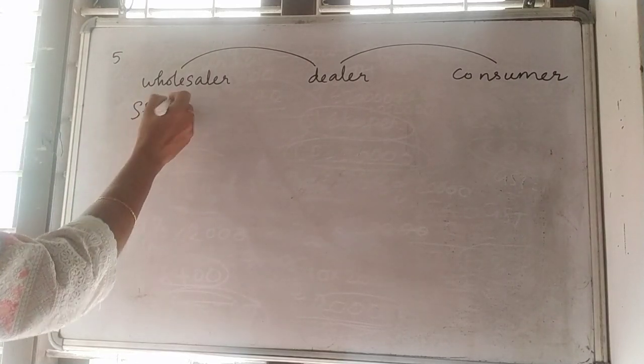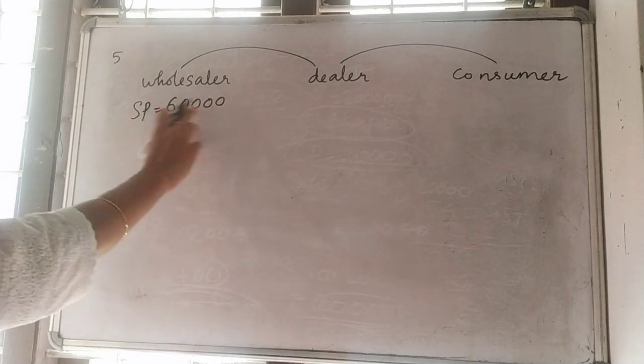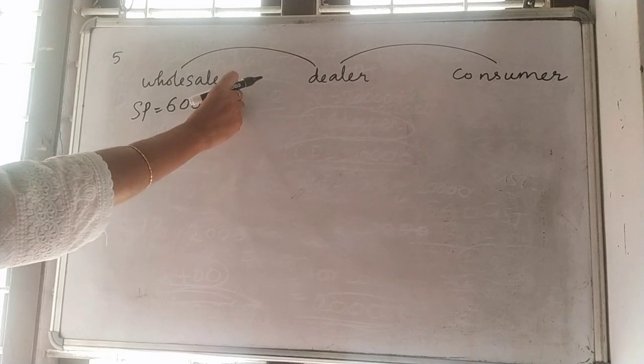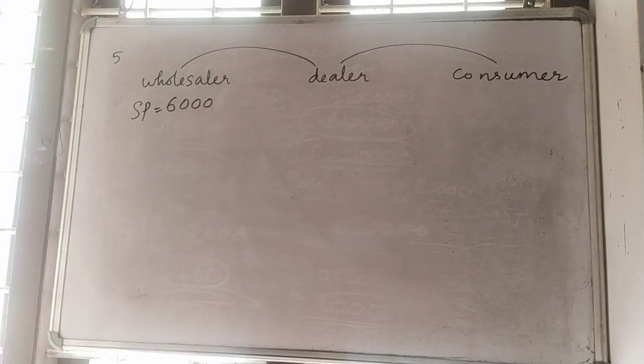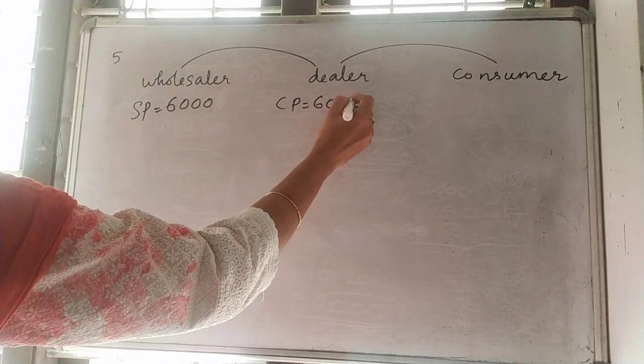Selling price of the wholesaler is 6,000. Then what will be the cost price of the dealer? Since the selling price of the wholesaler is 6,000, the cost price of the dealer also will be 6,000, no?